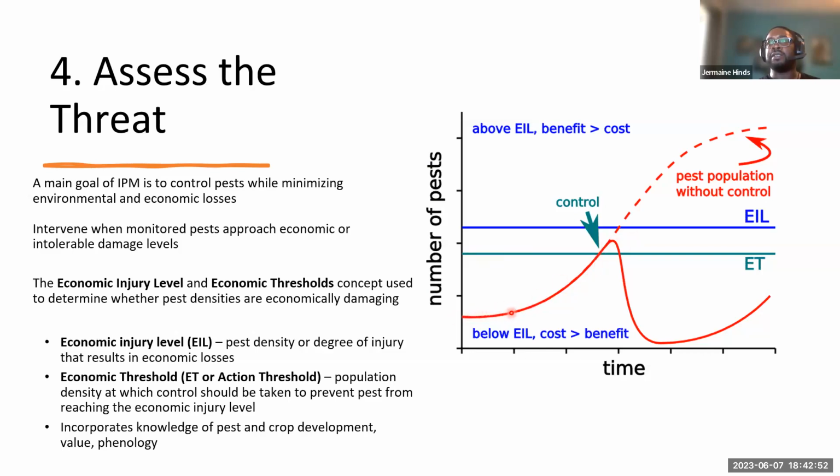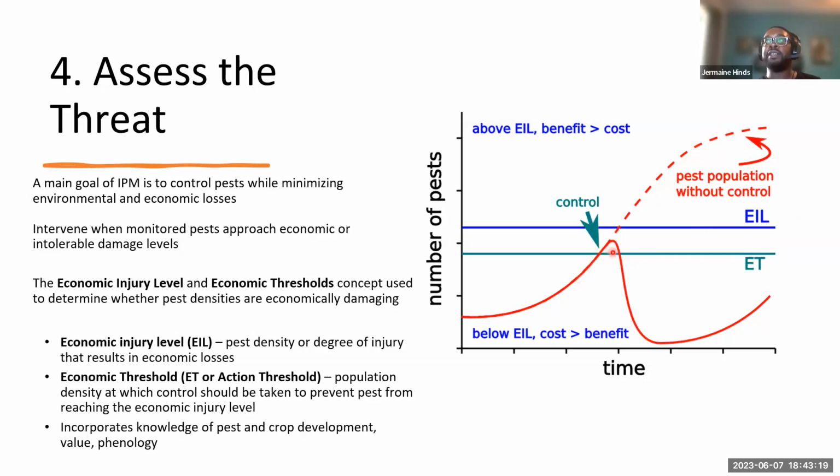Over the course of the season, as it's going up, it's reaching that economic injury level. But your economic threshold is the level you want to come in and do your control. So if you do your control here, at this economic threshold, it will slow the pest development and kind of reverse that trend from it continuing on to the injury level.